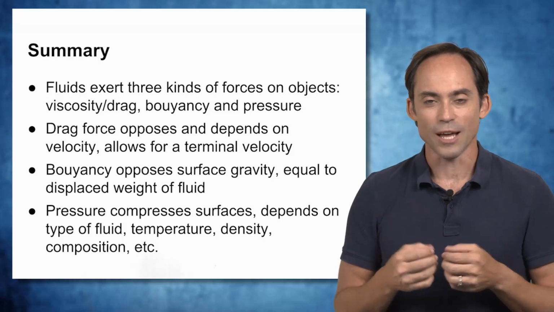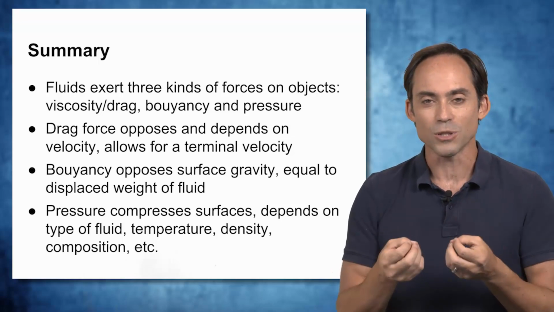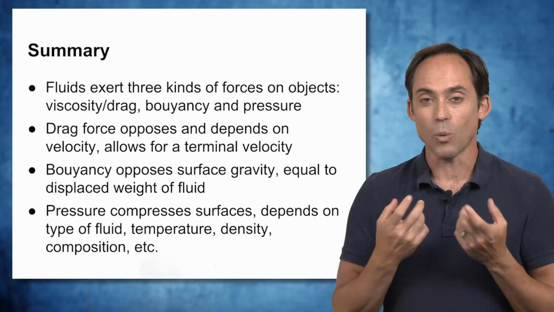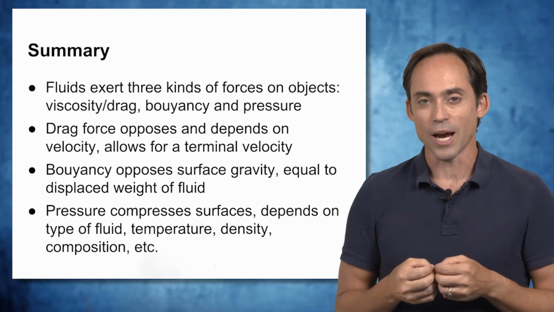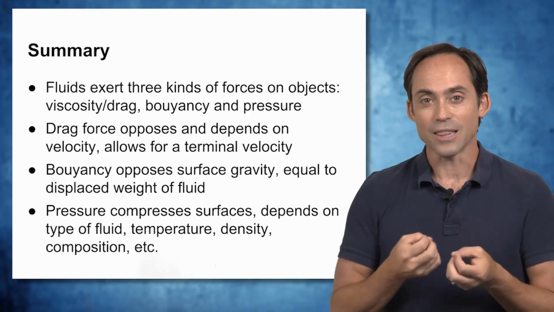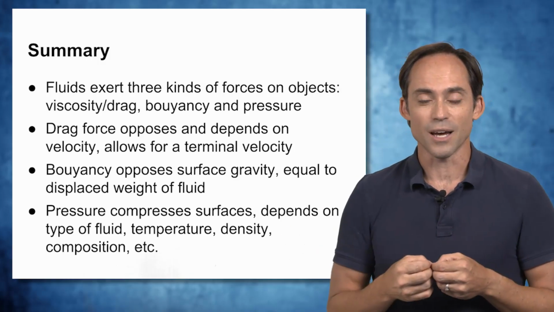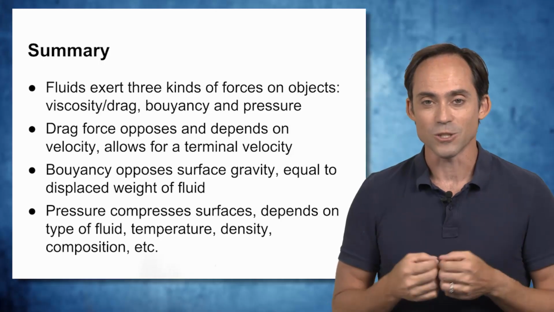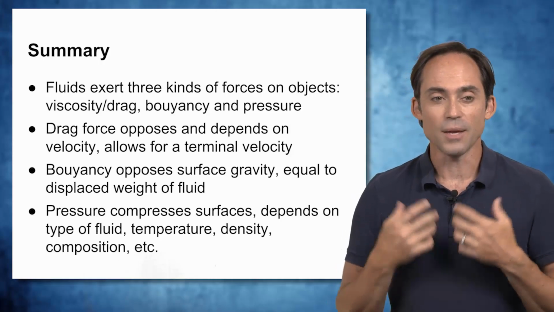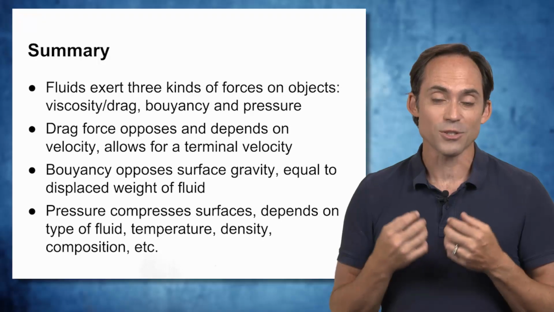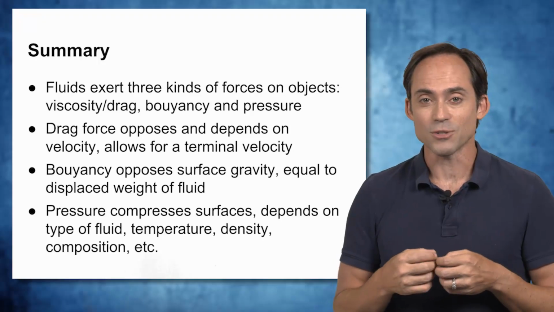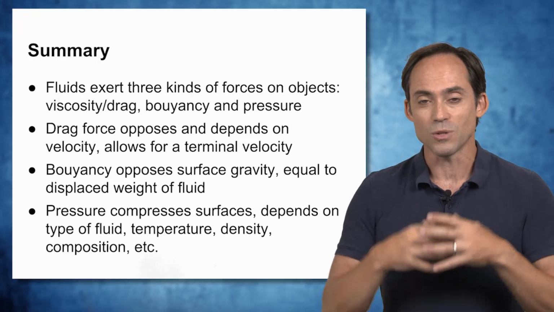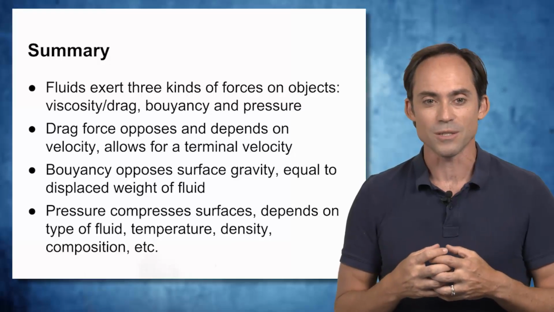And so that terminal velocity, that terminal speed, is dependent on the weight of the object. And this is exactly why Aristotle got the falling objects of different weights wrong. He was actually measuring viscosity and not gravitational acceleration. The buoyancy force also counteracts gravity, but it counteracts gravity in all cases because it happens when an object displaces a fluid.